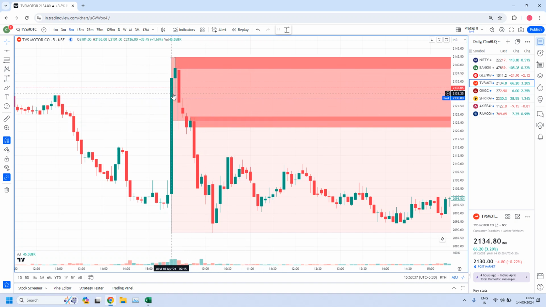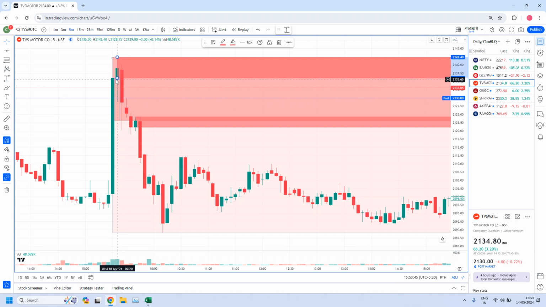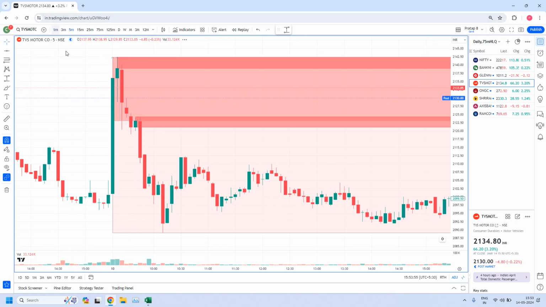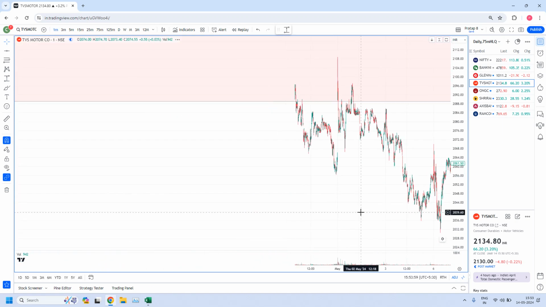Inside the 15, again we have a rally-base-drop. Actually, we have to draw the zone like this. But why I have drawn type 3 is because of high risk. See, the risk is very high. So that's why I went to type 3. And I also confirmed, I went to the 1 minute time frame and checked whether there is any order flow.